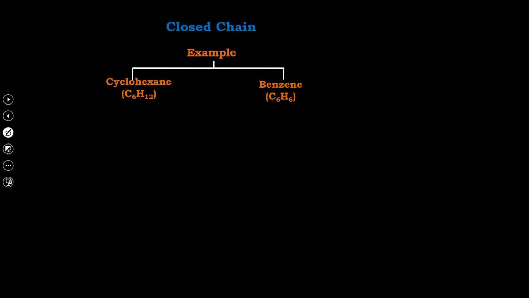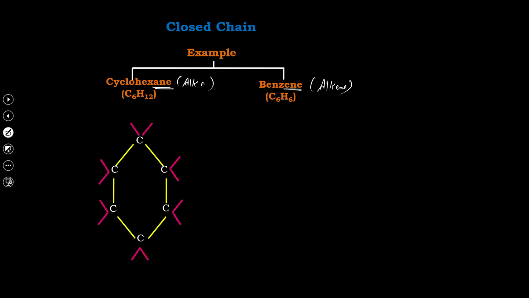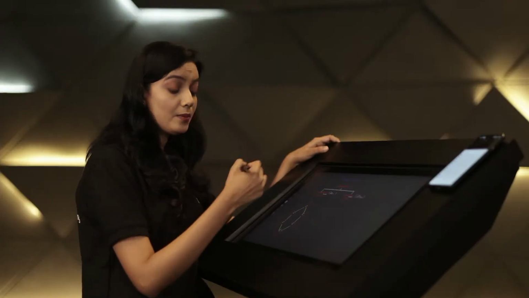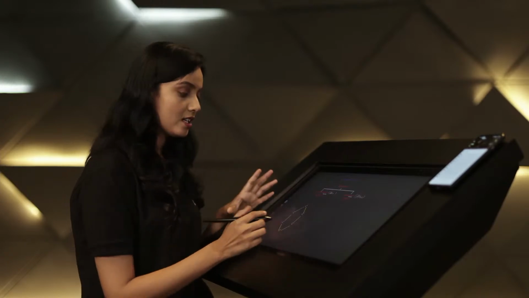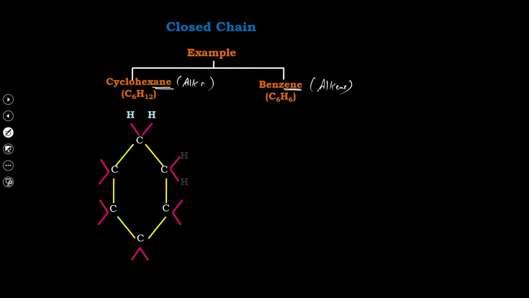You can think that since it ends in -ane, it belongs to the category of alkane, right, and benzene belongs to the category of alkene. Just have a look at the structures: since 6 carbon atoms are present, it has formed a hexagon, and the remaining bonds are connected to hydrogen atoms.